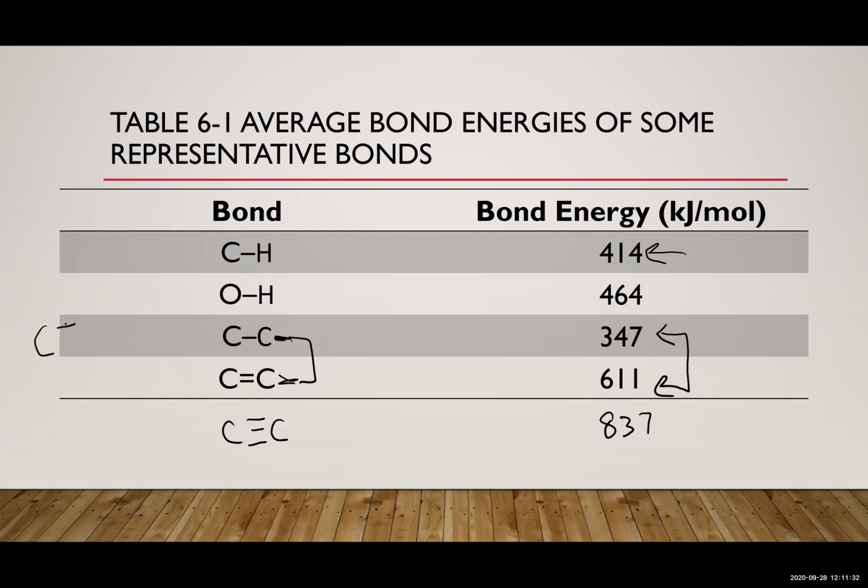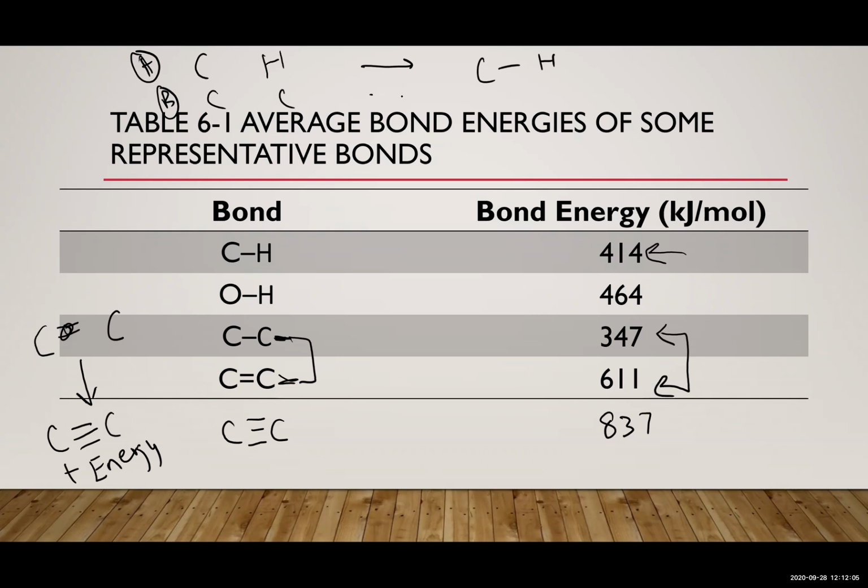If I create a triple bond, carbon-carbon, if they create a triple bond, then I get the most amount of energy out of this process. So if I'm making bonds in a reaction, let's call this reaction A, and in reaction B, I'm making this bond.